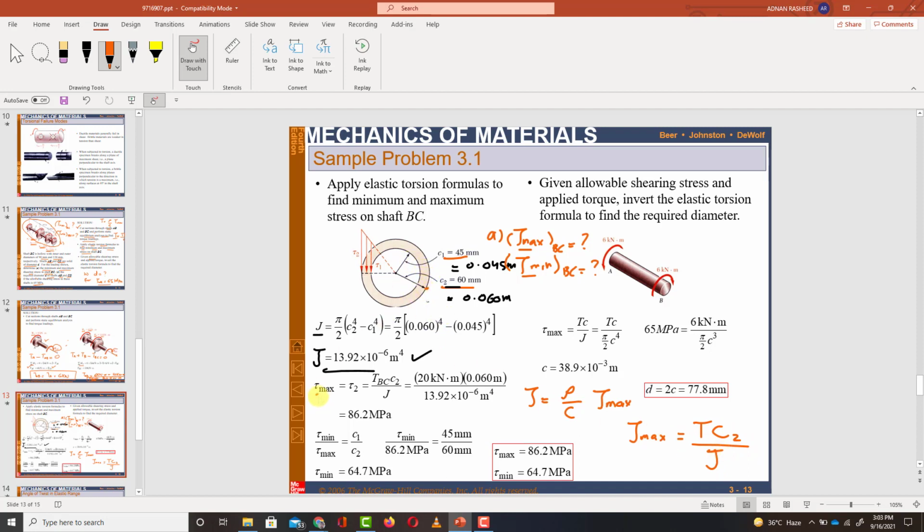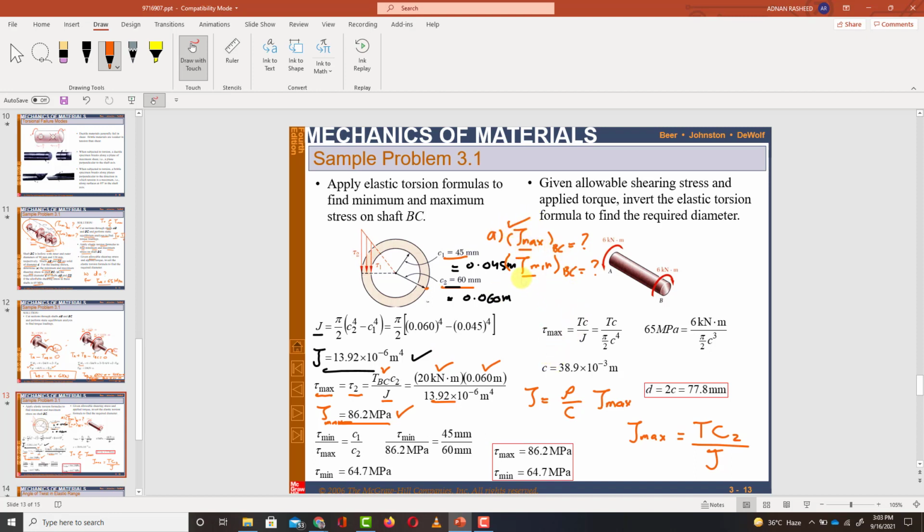So tau max is equal to the torque in BC into C2, C2 being the outer radius, divided by J. So you have TBC, which is 20 kilonewton meter, C2 is 0.060 meter and J is as calculated. When you calculate it, the maximum shear stress tau maximum comes out to be 86.2 megapascal. So tau max has been calculated.